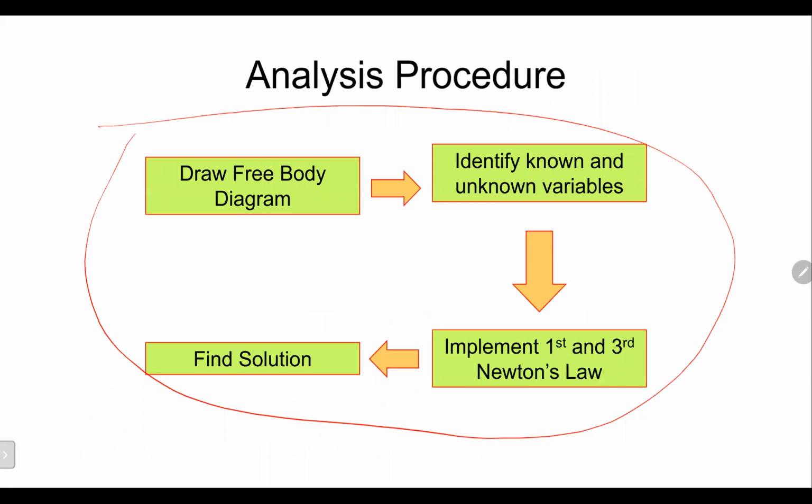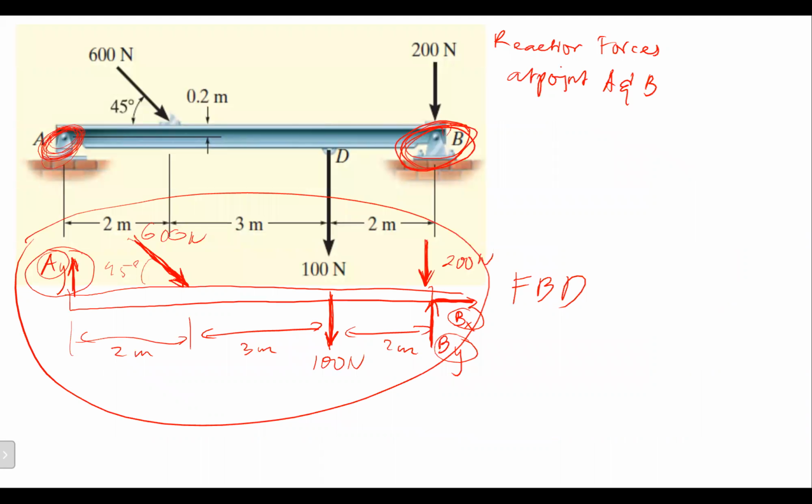After drawing the free body diagram, what are we supposed to do after that? We're supposed to identify known and unknown variables. Now let's go back here. Can anyone help me point out which ones are the known variables and which ones are the unknown variables?